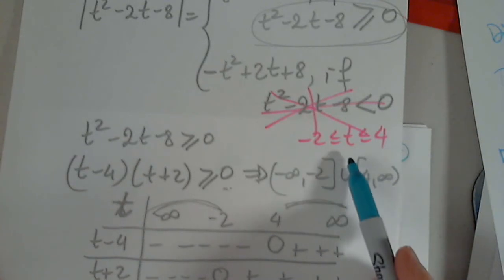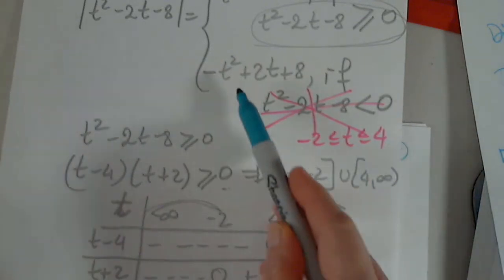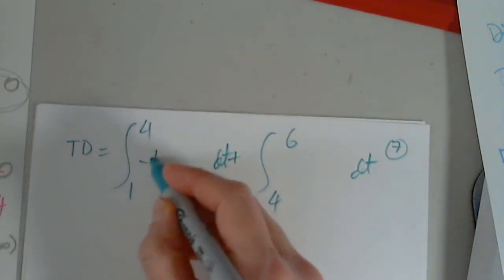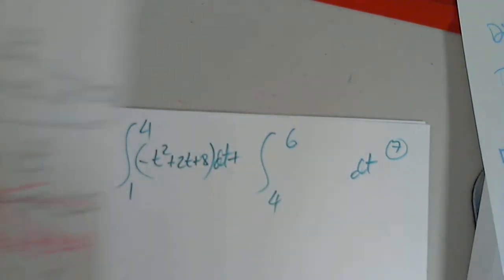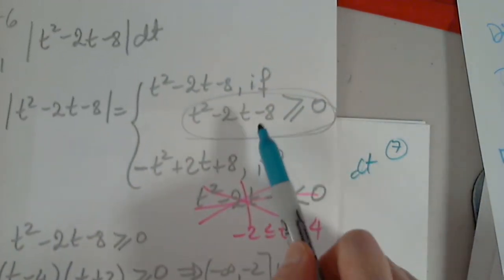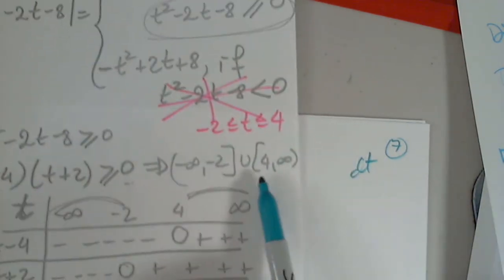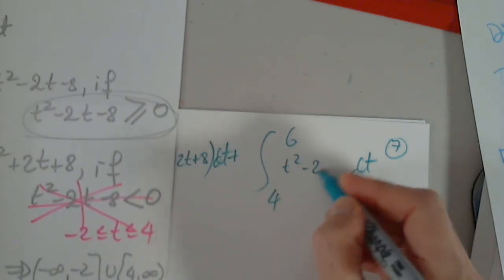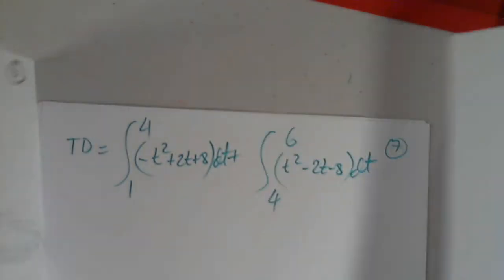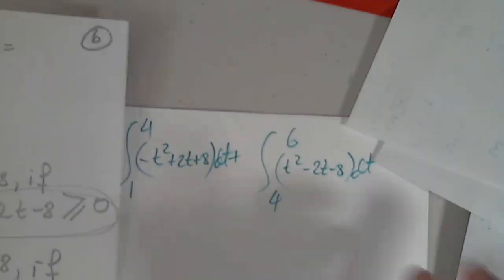Okay. 1 through 4 is here from this function. 4 to 6 is here because that's where 4 to 6 is from this function. So t squared minus 2t minus 8. This was more involving because it was a quadratic function that we were looking at.